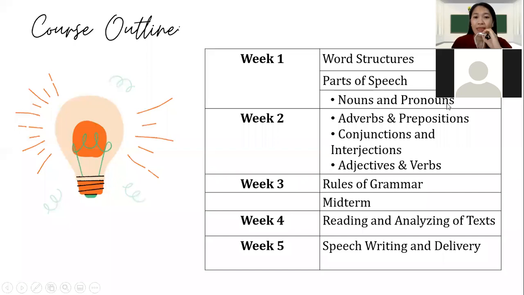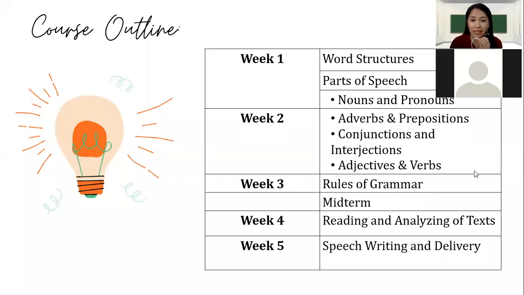Once again, you will not just learn about nouns and pronouns, but the deeper sense of these. All right. So next, week 2, you will learn adverbs as well as prepositions, and then conjunctions and interjections, and then adjectives and verbs.